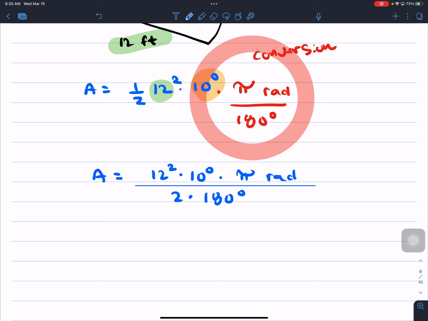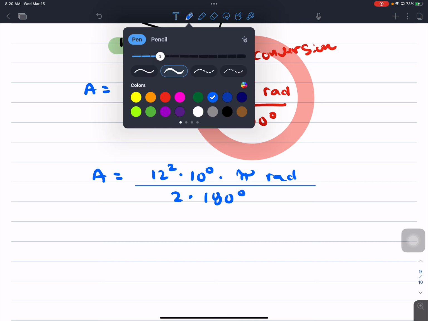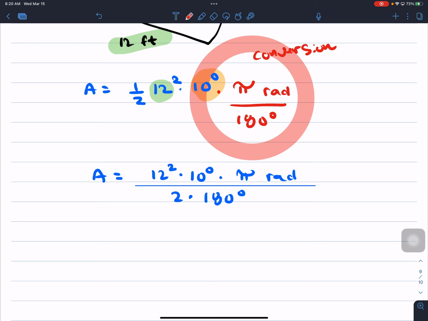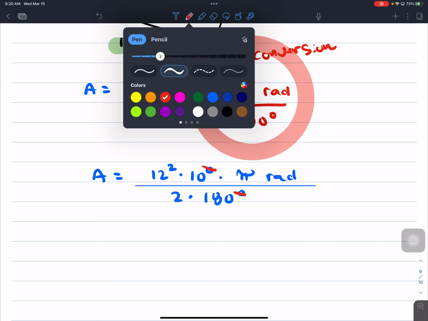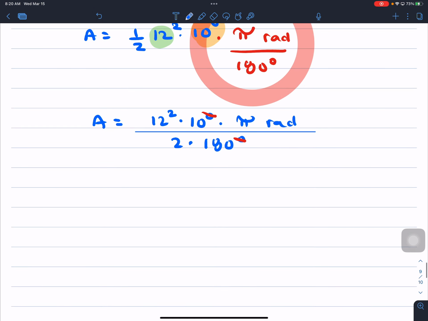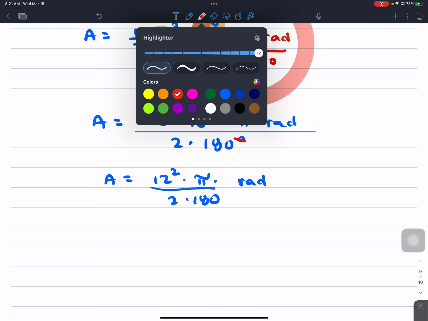Degrees. Is that true? Cancel degree. So if you have the units top and bottom, it cancels. Is that right? Okay, so what are you guys left with here? 12 squared pi over 2 times 180.